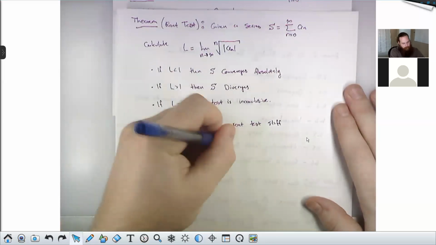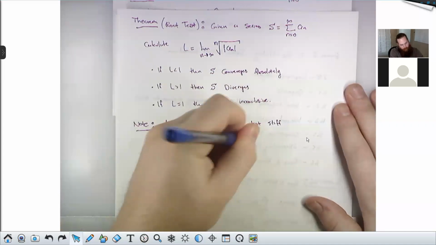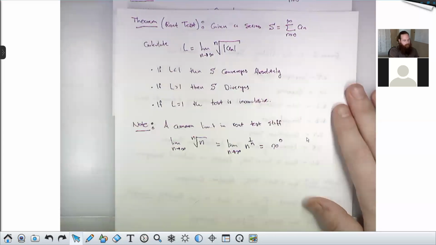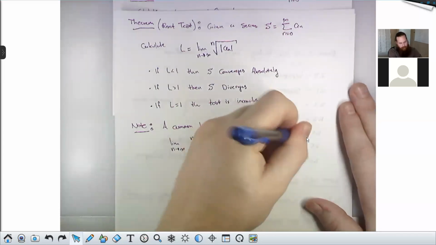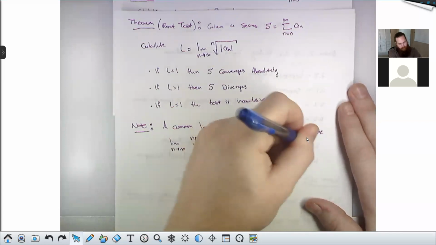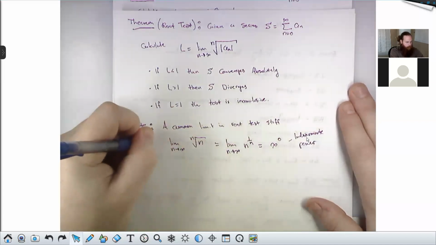This is the limit as n goes to infinity of n to the 1 over n. So that's like infinity to the 0, which is a problem. This is an indeterminate power. You can go through the work. This limit is equal to 1.